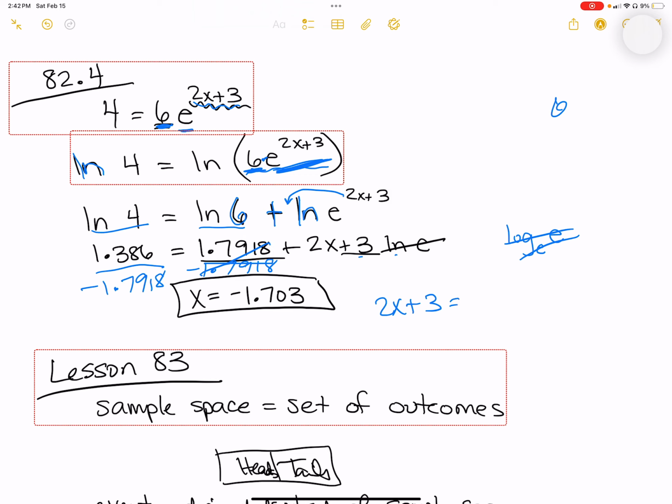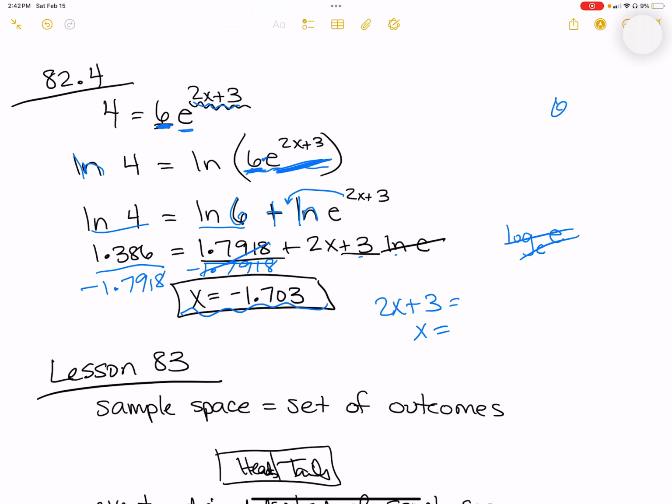Okay, hold on, let me tell you what that is. 386 minus 1.7918, and then subtract 3, divide by 2. All right, so then you get x equals this, negative 1.703.